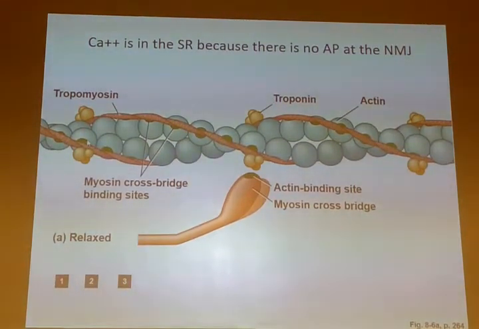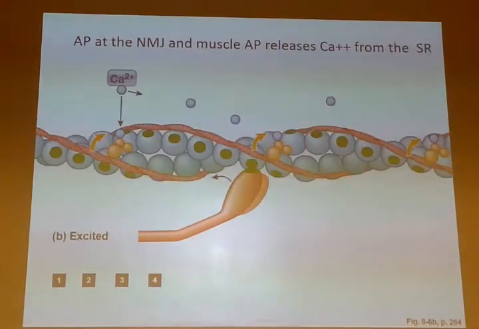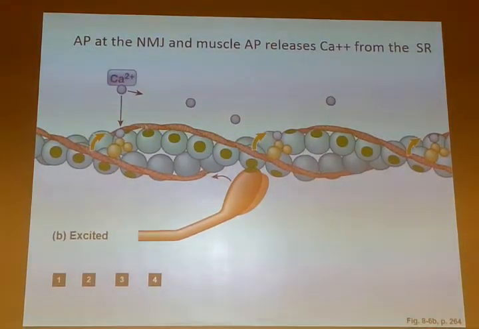There will be no change in the position of tropomyosin and no interaction of myosin and actin. In the presence of calcium, calcium binding to the C subunit, troponin C, then the tropomyosin will move off into the little valleys between the filaments of actin.